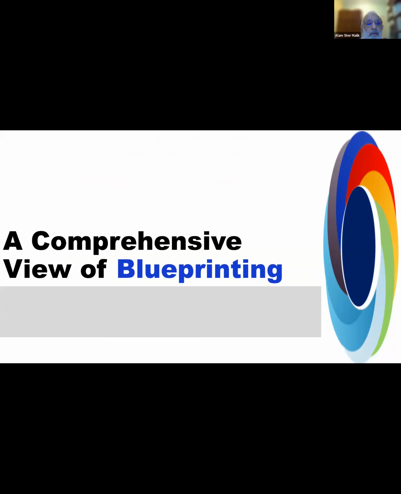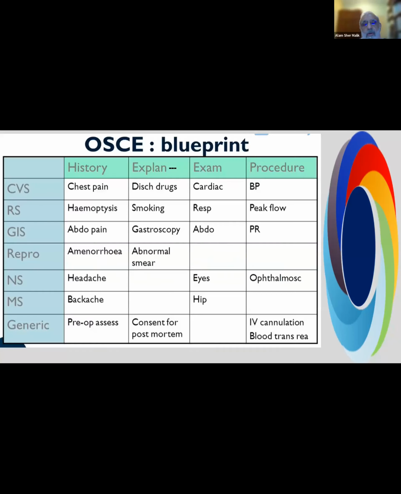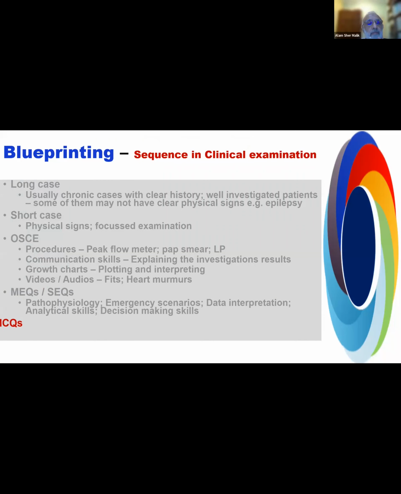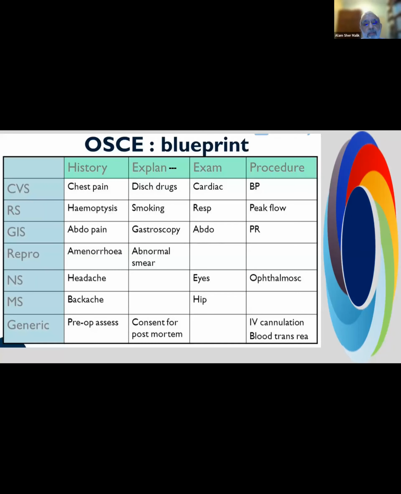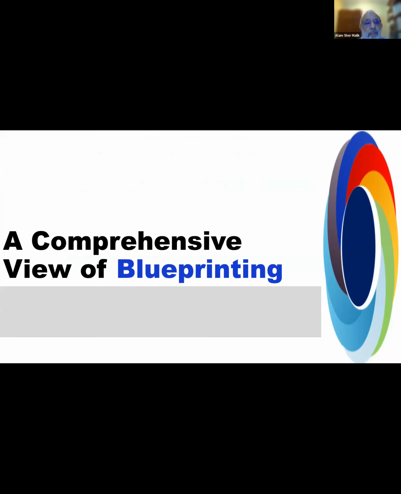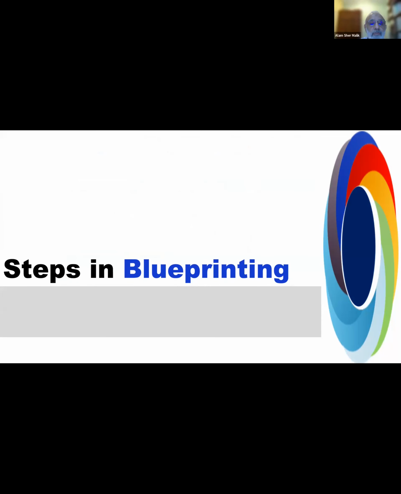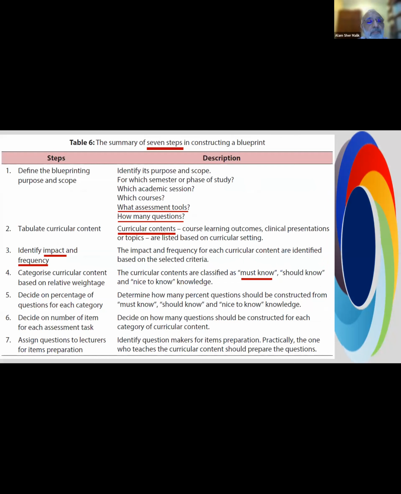Right, now having that idea of how we can apply blueprinting in different settings, let us look at a comprehensive view of blueprinting, in a way, a scientific method of applying it. So the steps: the first is to define the blueprinting purpose and scope.